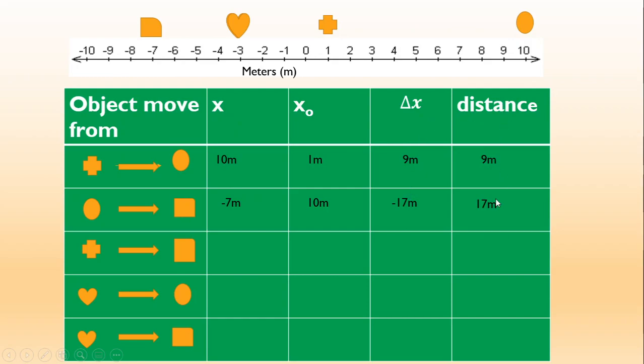But if you're looking at distance, which is the measurement between 2 points, it's not going to be negative. Okay, so displacement can be negative, distance cannot be. I'm going to go ahead and go through these, and you can write them down to review later.